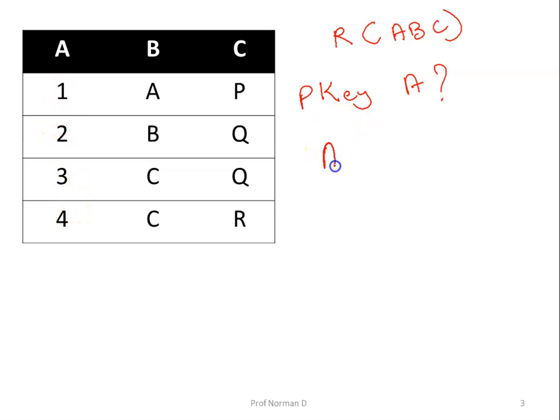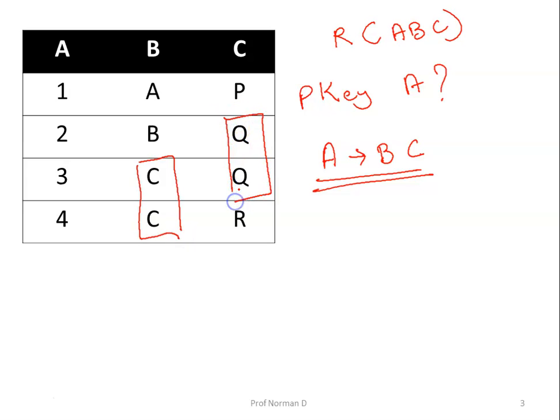That means if I have A, I will be able to search for the values B and C. So I can write the information with the help of a functional dependency. What about the next attribute B? Can B act as a primary key? B cannot act as a primary key because there is a duplication over here. What about C? C also cannot act as a primary key because there is a duplication of the value Q in these two tuples.